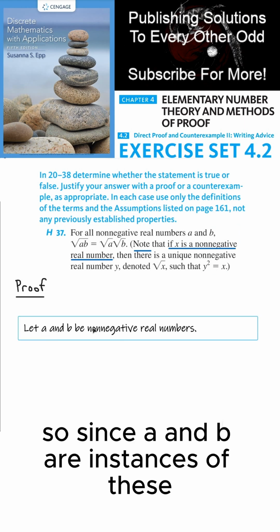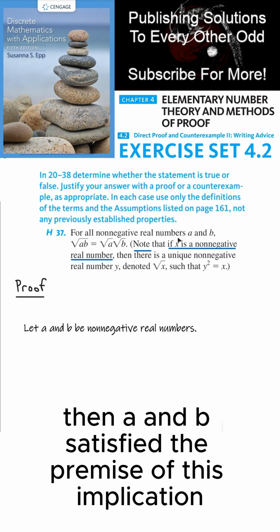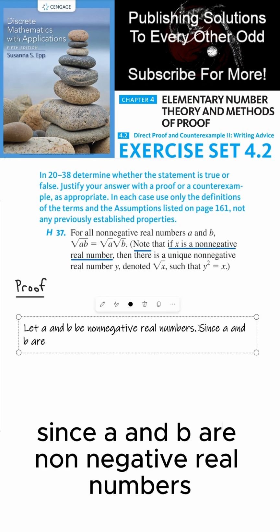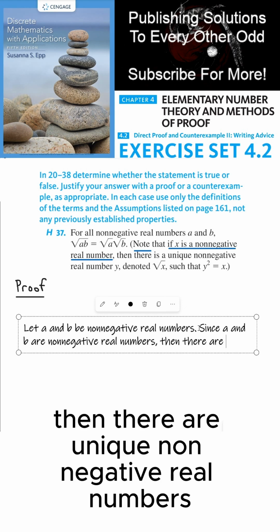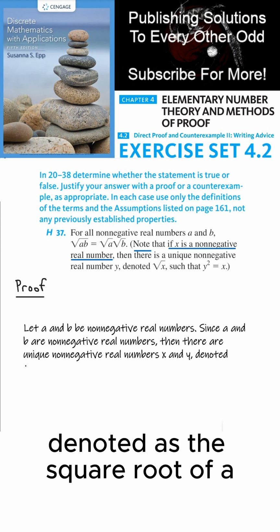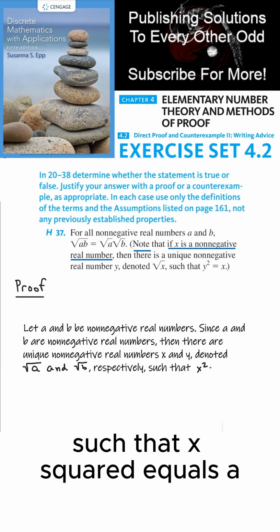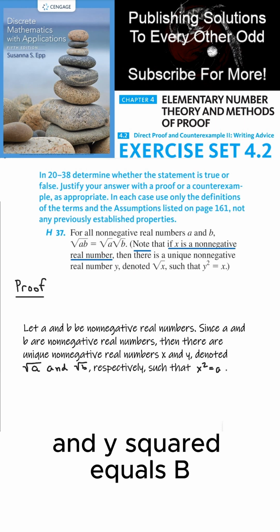So since a and b satisfy the premise of this implication, there are unique non-negative real numbers, we'll call them x and y, denoted as the square root of a and the square root of b, respectively, such that x squared equals a and y squared equals b.